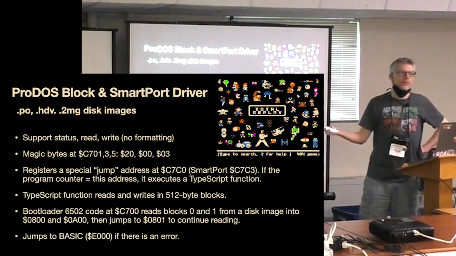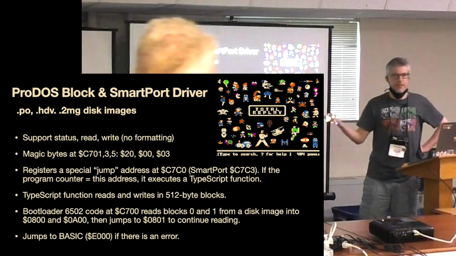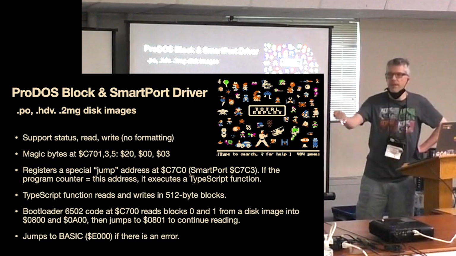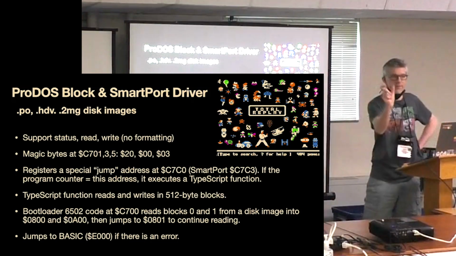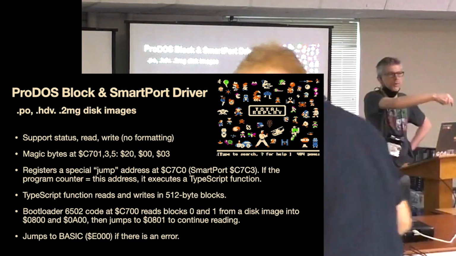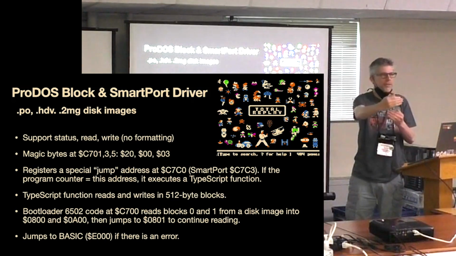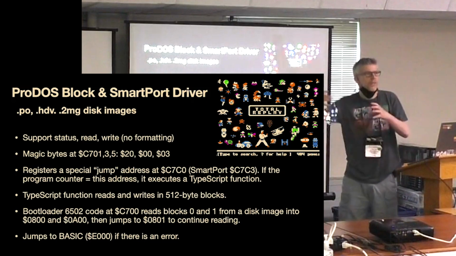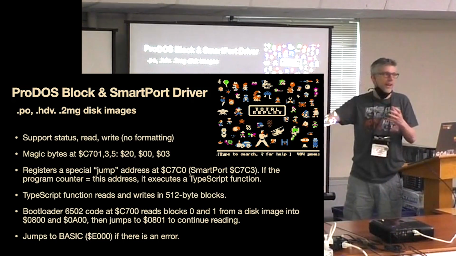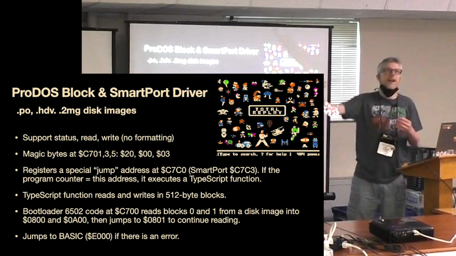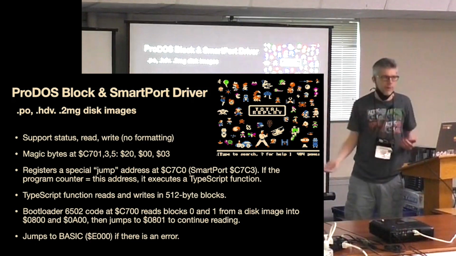The way this works in my emulator is it basically looks to see: is somebody accessing the disk drive? And if they are, I notice that in my code and just jump to a separate little JavaScript routine, which says, okay, since you don't have a physical hard drive, go ahead and just read the bits from the file. Turns out that it's actually incredibly fast to do that because you already have the entire file in memory.